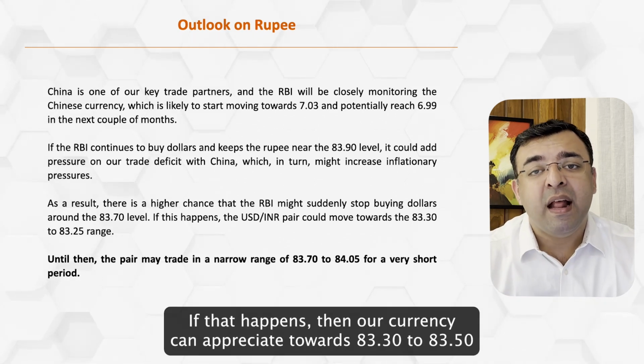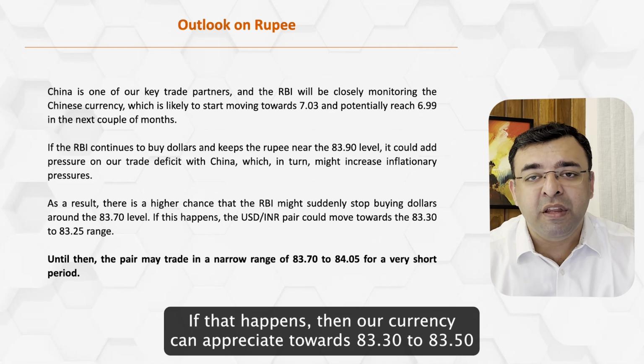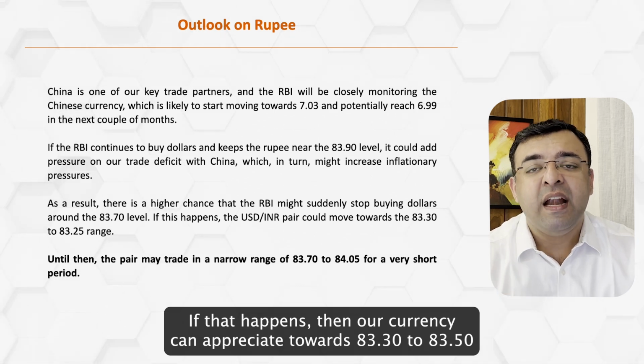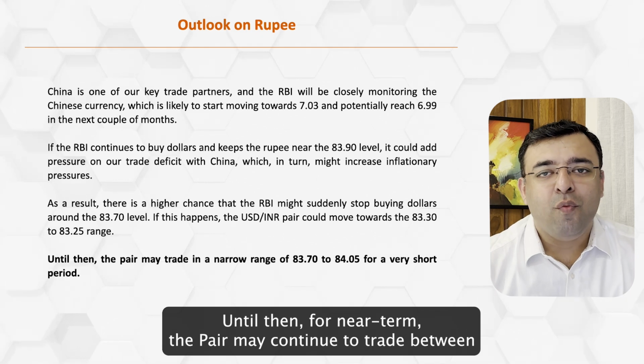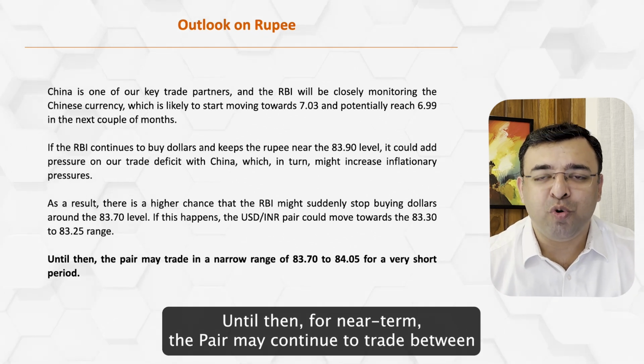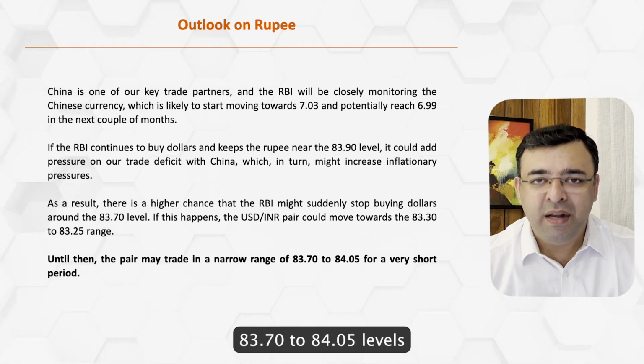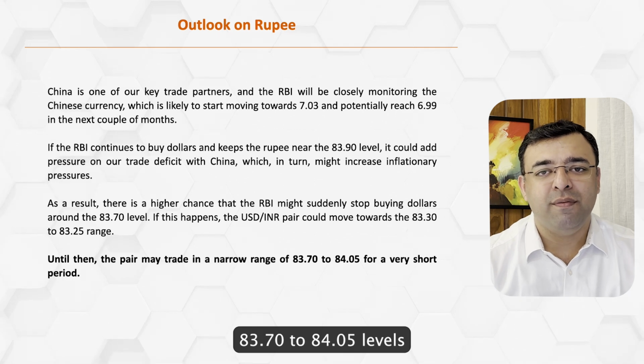If that happens, then our currency can appreciate towards 83.30 to 83.50 kind of levels. Until then, for near term, the pair may continue to trade between 83.70 to 84.05 levels.